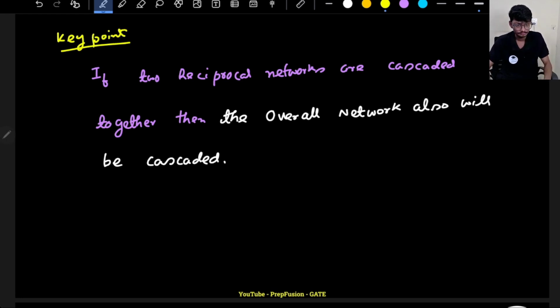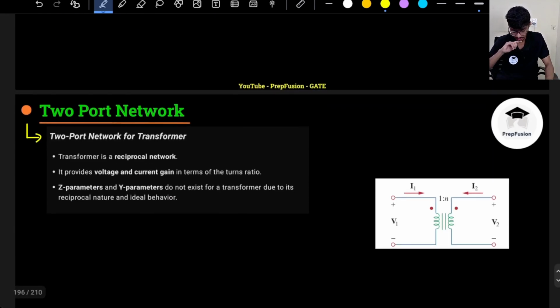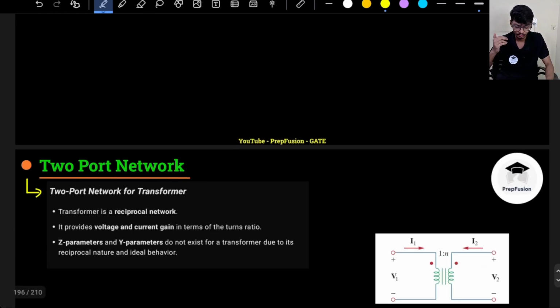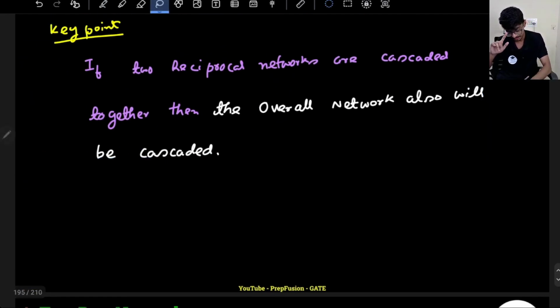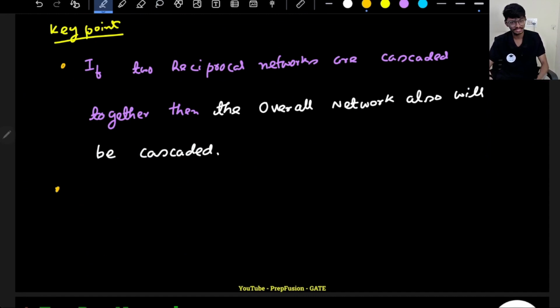Okay, so that's it. Now let's come to the transformer portion. One more thing I wanted to say, I was thinking whether I should say that point or not. Basically, if your networks are individually symmetrical, then the overall network also will be symmetrical. Got it?